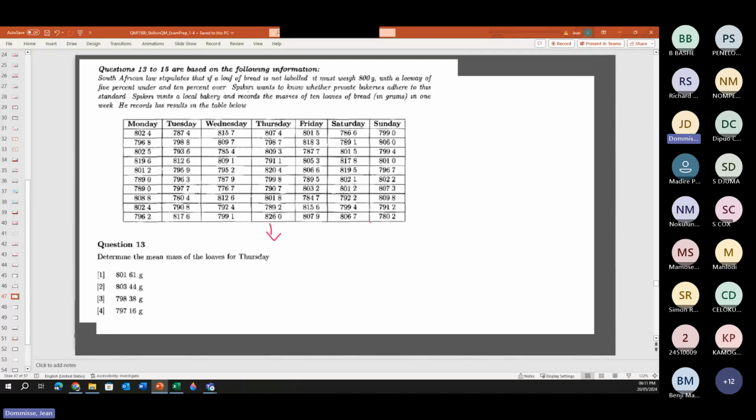I've started, and I'm now at 791.1. I hope I get all the answers right and don't make a mistake with the calculation, because it's very easy to make a simple mistake with something like this and then you have a wrong answer.